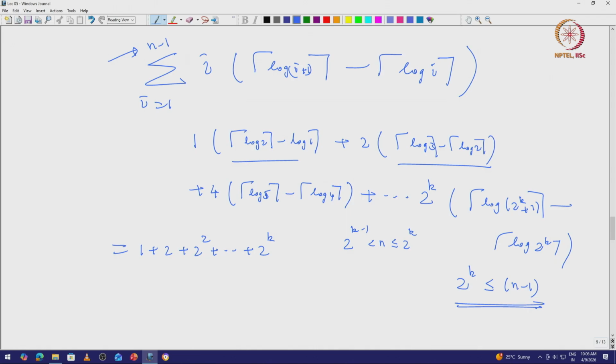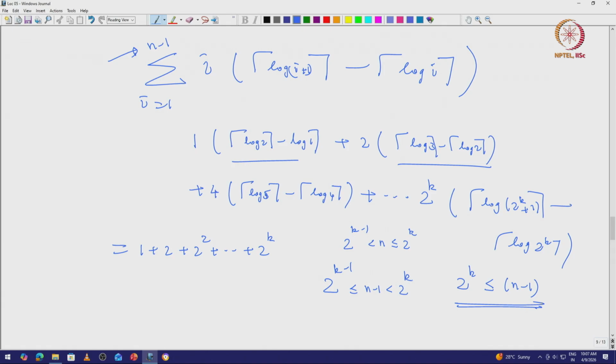Right? Therefore, when you subtract 1, 2 power k minus 1 is less than or equal to n minus 1, which is less than 2 power k.